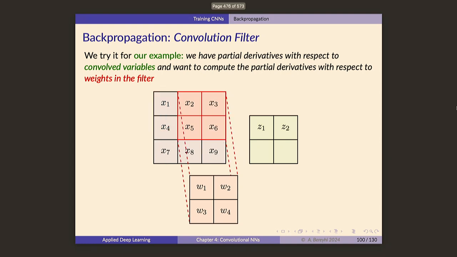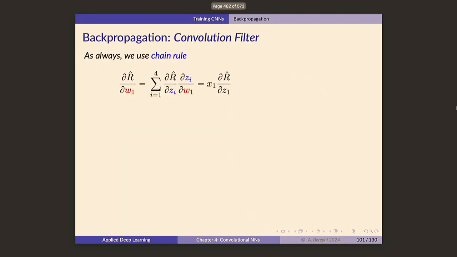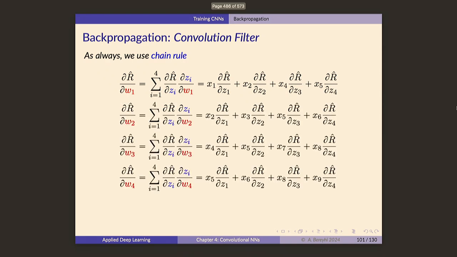What is the partial derivative of z2 with respect to W1? x2. What about z3? And this guy? x5. Great. So you do have all of them. So it's going to be x1 times the first partial derivative, x2 the other one, x4, x5, right? And you can keep on doing it for every single guy. Clear? So no magic, nothing weird, just the chain rule, right?